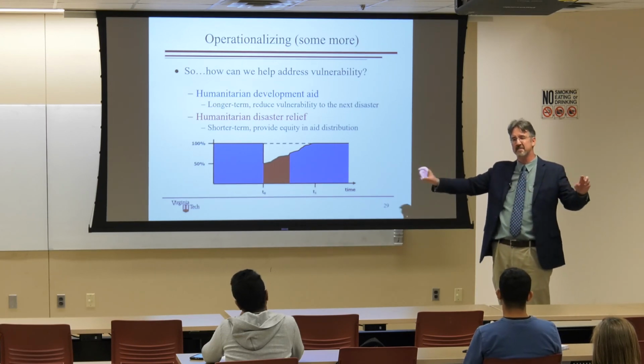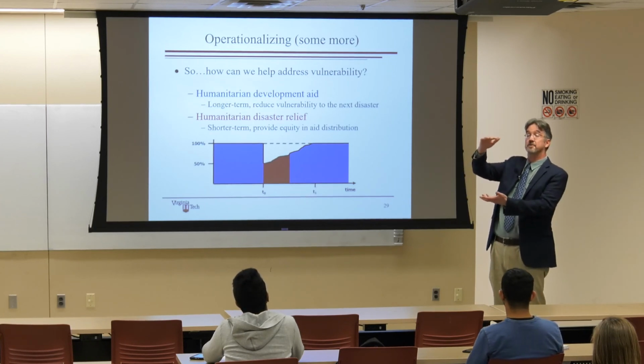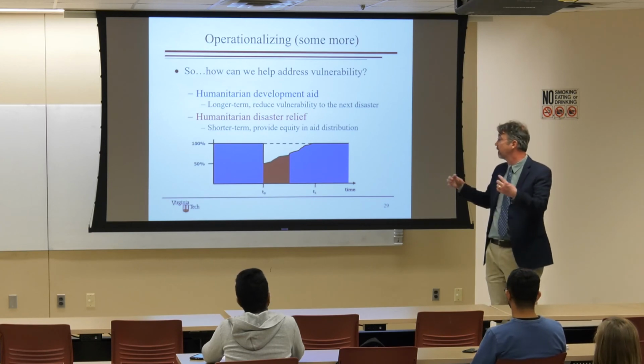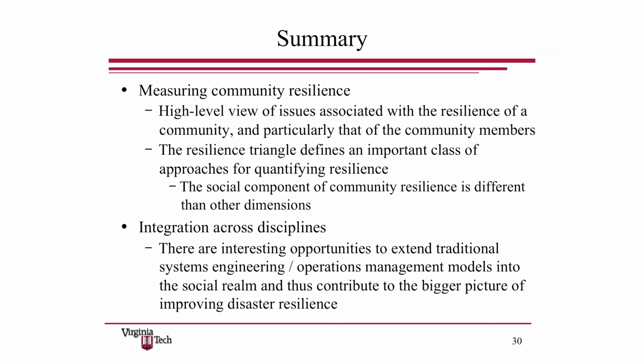But there's something to be said for giving the most aid to the people that need it first, as long as everyone else is still going to be okay, and then kind of scaling down in terms of providing the resources we need to provide. And so that's a sort of a shorter term way in which we can leverage this social understanding and this notion of addressing vulnerability and building up the resilience of the folks that are in the community.